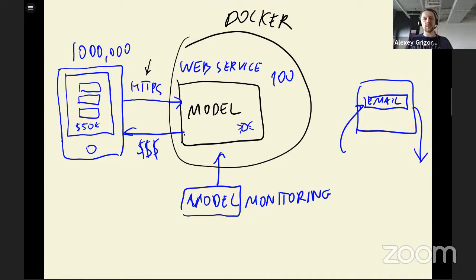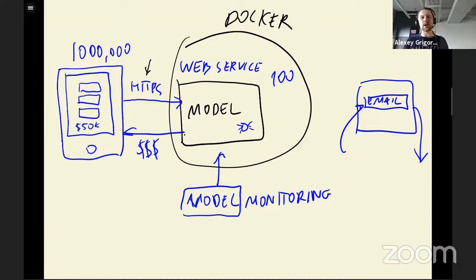You first want to test that the model doesn't take too long to respond, and then look at the numbers, like the mean prediction, the maximal prediction, things like this.